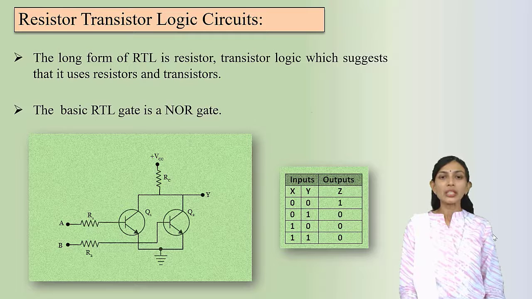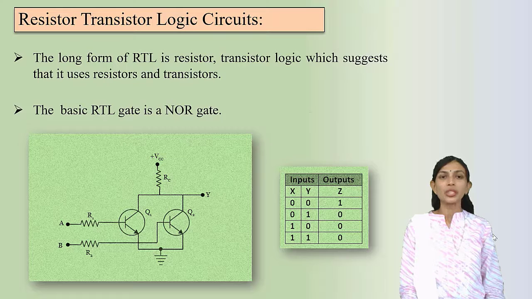These two inputs are applied to A and B. Dear students, first I will explain this truth table with the first case, 0 0.